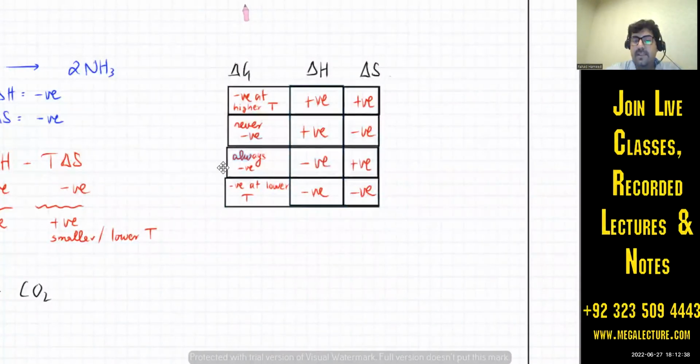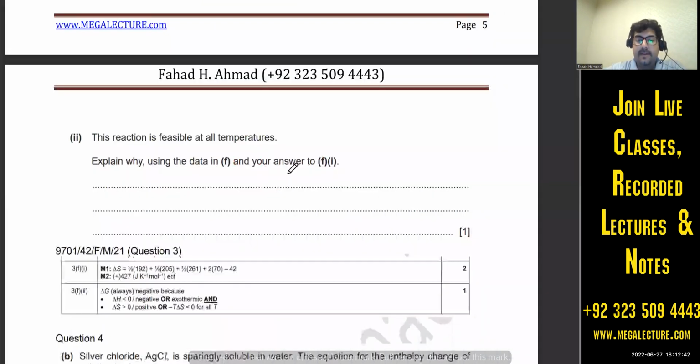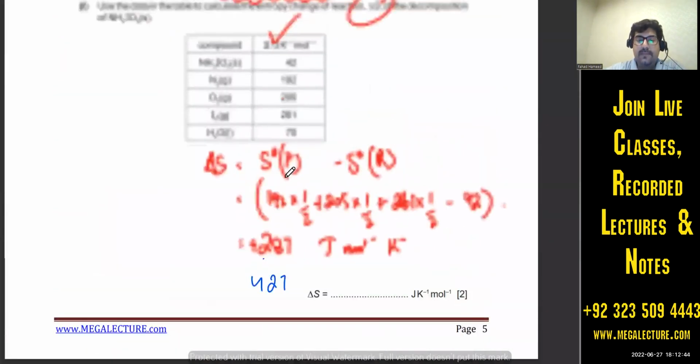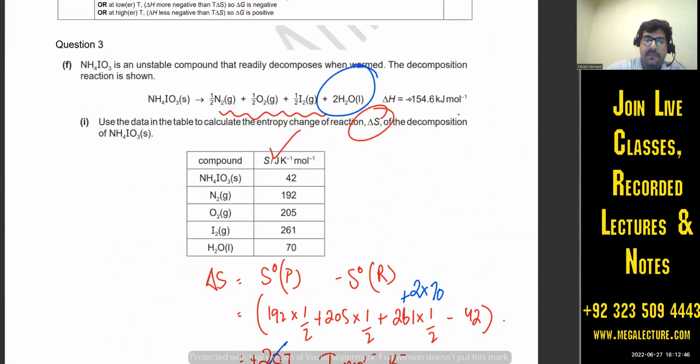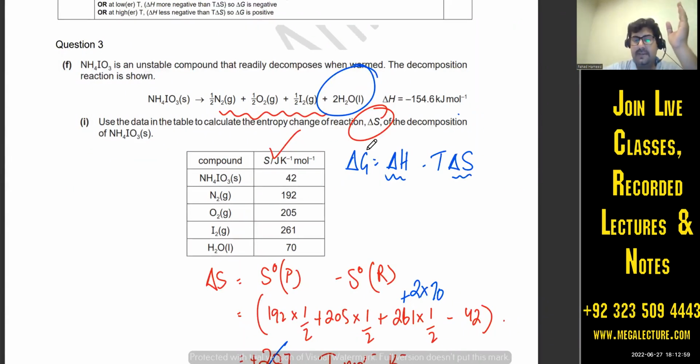That combination would make it a feasible reaction always. And why would it be feasible? They gave you the enthalpy change. So I'm going to explain this again. It's delta H minus T delta S. This is the only part that is confusing, where you have to predict the feasibility of the reaction. So remember, you have to make delta G negative for it to be feasible.